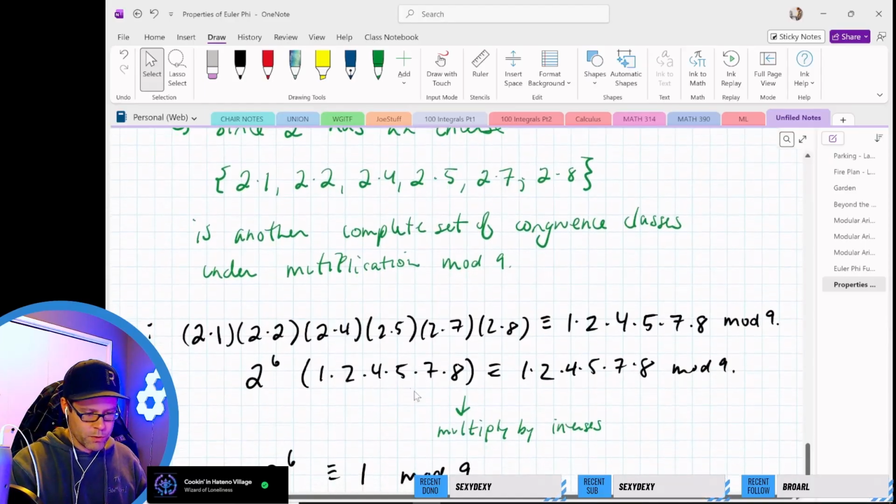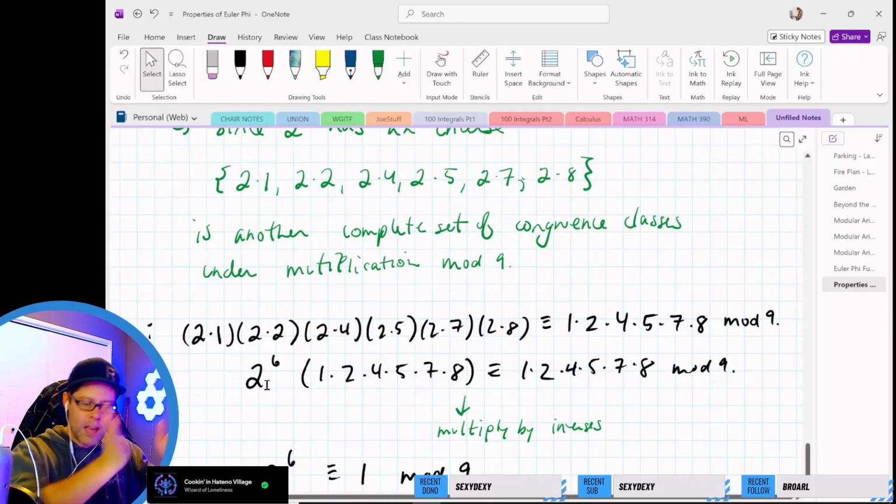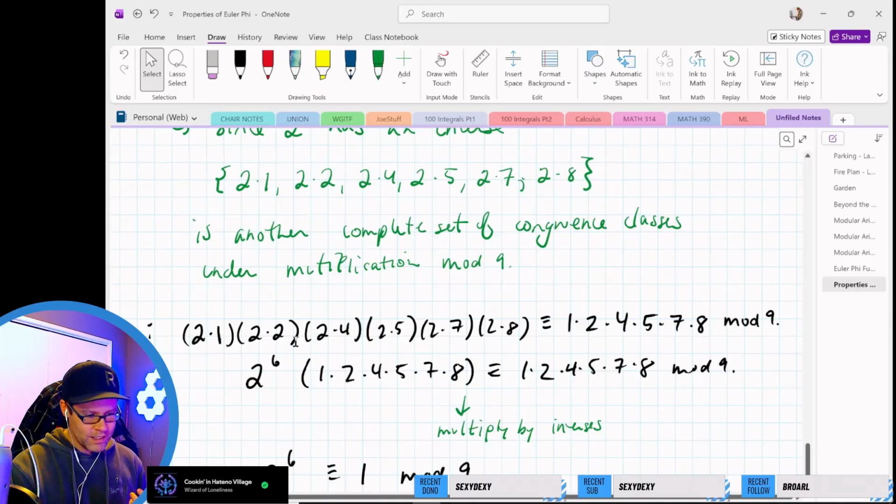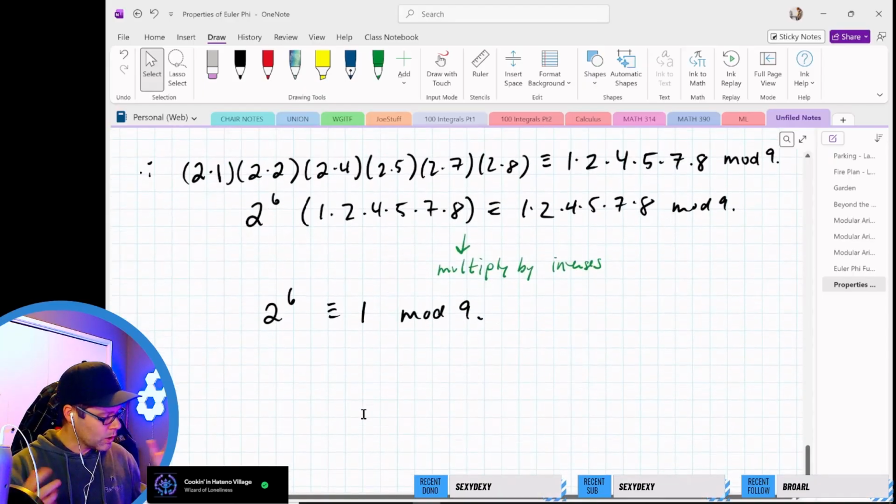And then you can go through this process of factoring out A. You end up getting phi n copies of A because we're in a group under multiplication mod n. So we only want the coprime elements to ensure that they have inverses, basically, right? And you end up getting this really cool property called Euler's theorem.